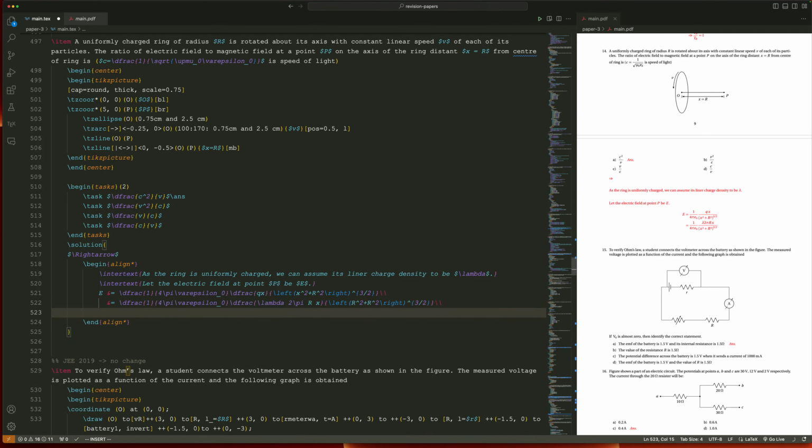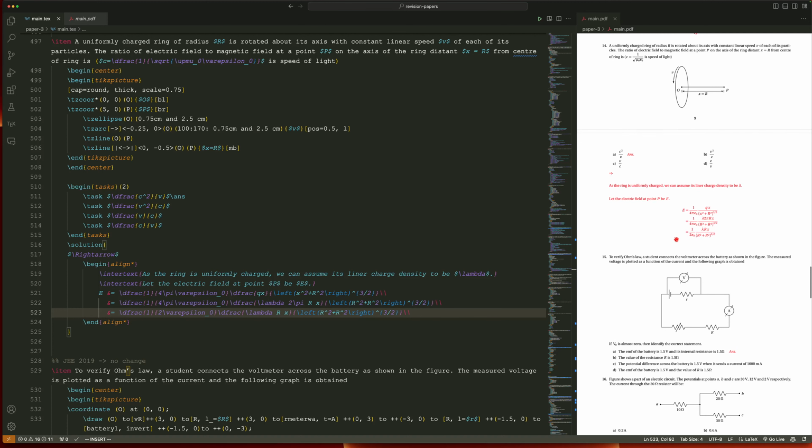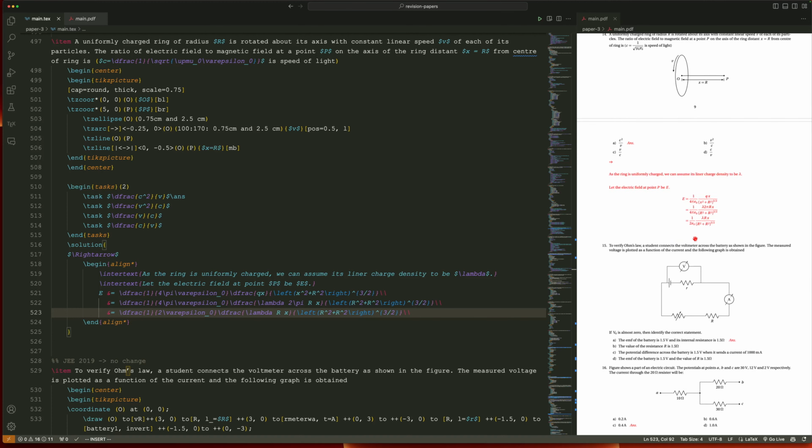So this is the electric field. Let's run it again and see what it got. Yes, 2 pi will get cancelled out, 2 will remain, lambda r x over 2 epsilon is absolutely fine, and this will converge to 2r square.